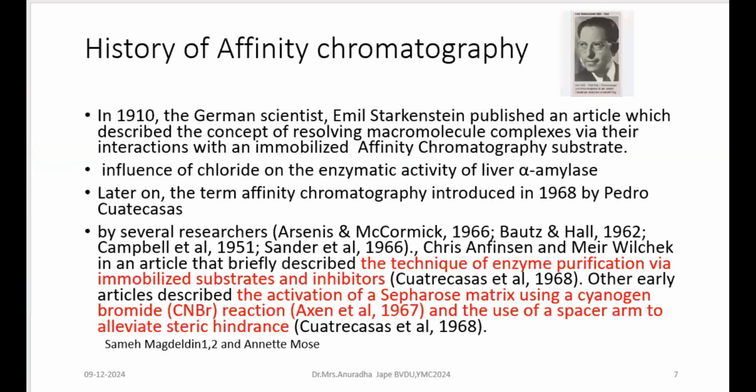Now, here is the scientist Emil Starkenstein, whom I had referred to in the very first slide. In 1910 this person put forward the concept that we can resolve macromolecular complexes via their selective interactions, provided they are immobilized onto some chromatography substrate.